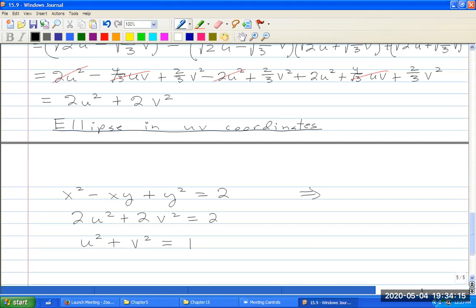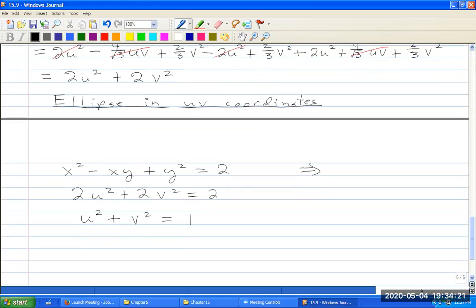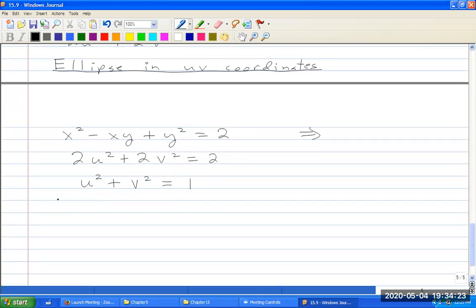And so I have that the integral over this ellipse, x squared minus xy plus y squared, just becomes, well, now I want to integrate over the unit circle. So I don't know, that's a unit circle.